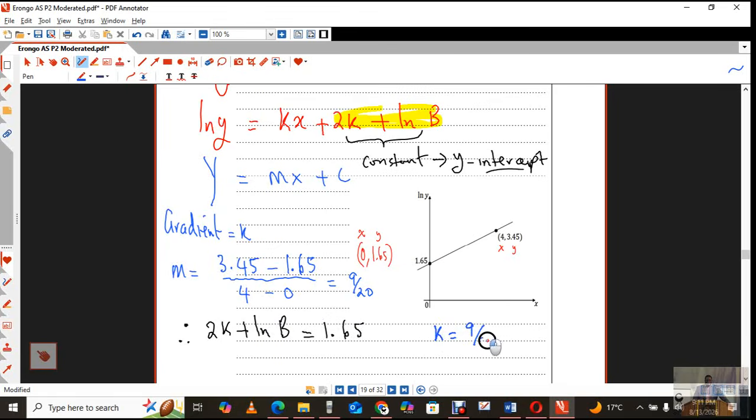K equals 9 over 20, which means I can substitute it there.